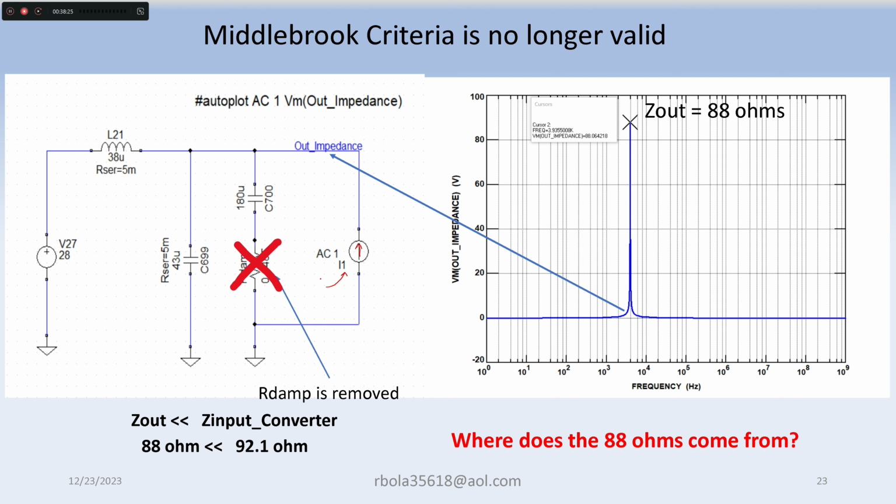When we do an AC sweep, the output impedance is actually 88 ohms. So remember, before, Z out with the damper was 1 ohm, and now that I removed the R-damp resistor, it's 88 ohms.